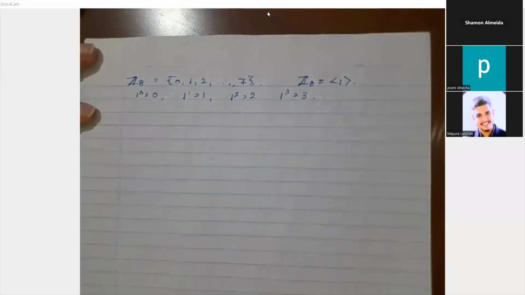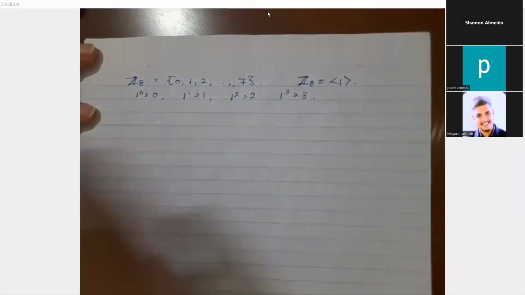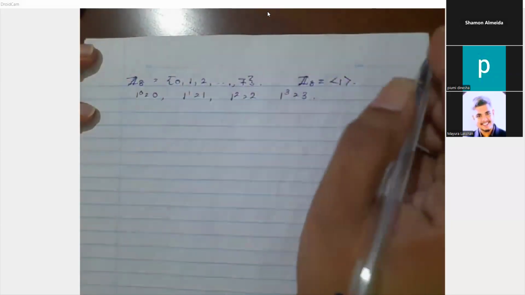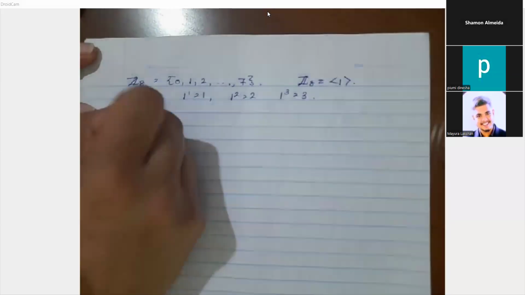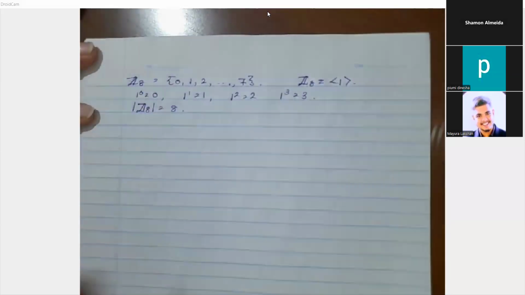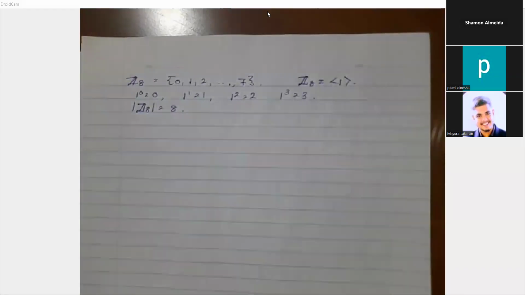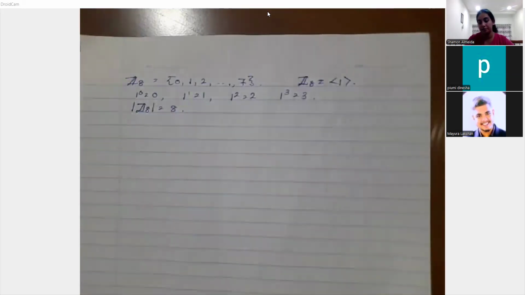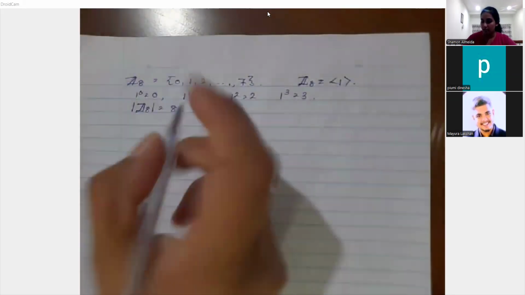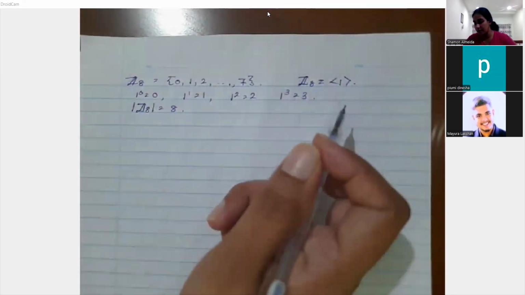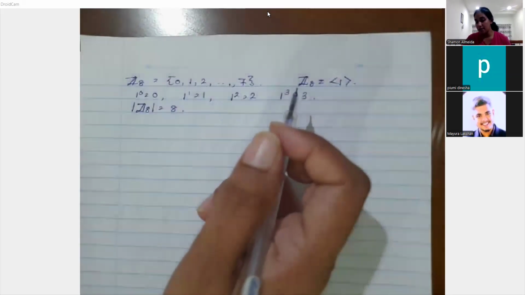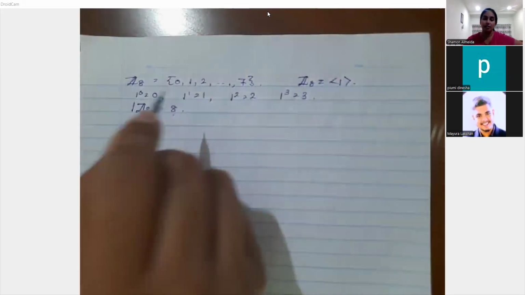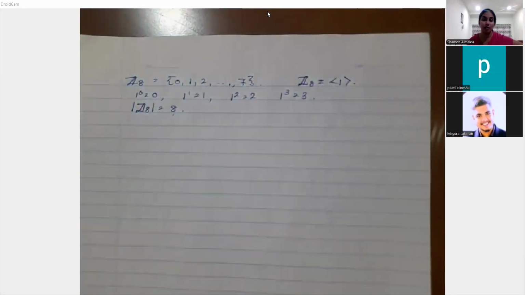Now, what is the order of this group? 8. How do we find the other generators of Z8? By finding numbers, right? All these powers, which are simply these elements. We will find the elements that are relatively prime to 8.